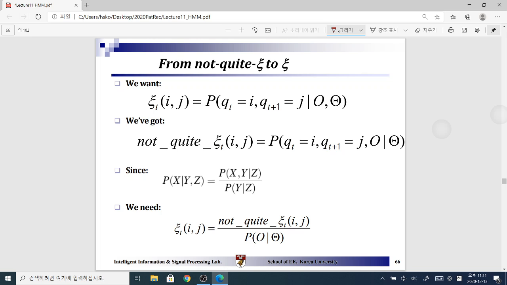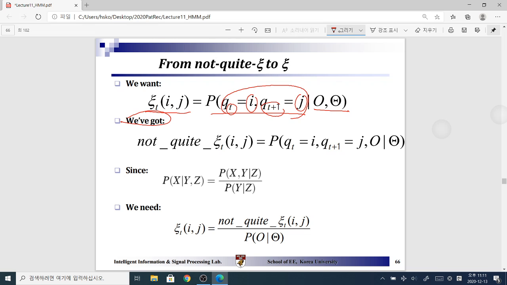So once again, we essentially want the state transition probability, psi sub t of ij, which is expressed by the probability of the state transition, that is state i at time t to state j at time t plus 1, given the entire observation sequence and the model.